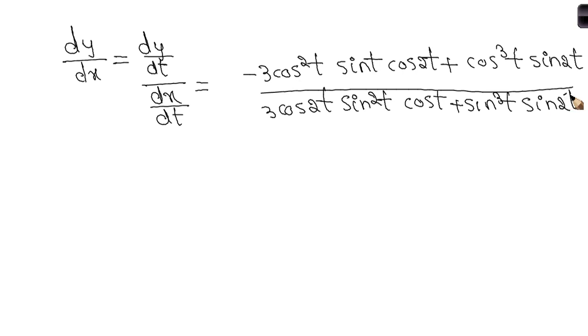So take out all the common factors from the numerator and denominator. Before this, you can even expand the sin 2t value.